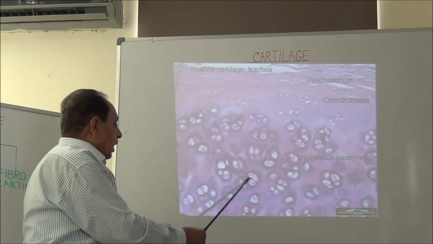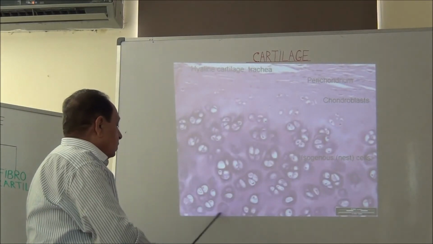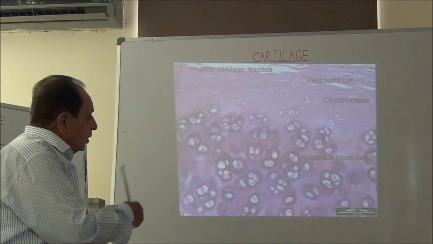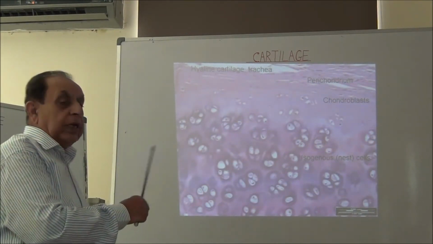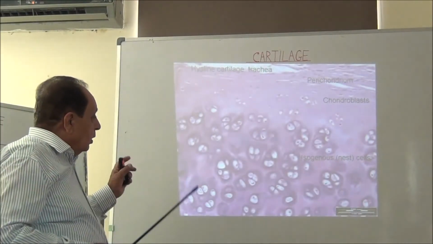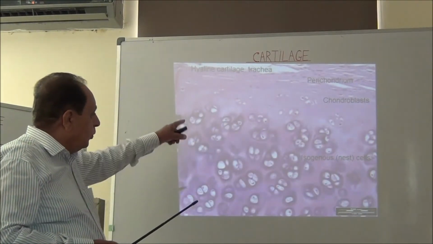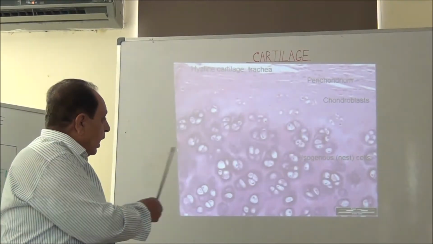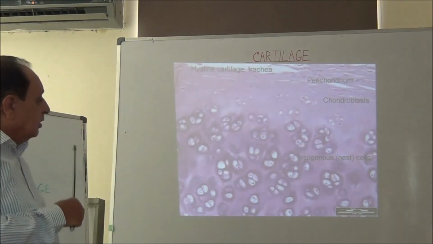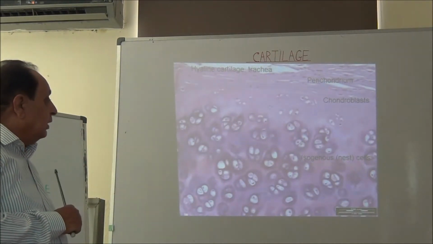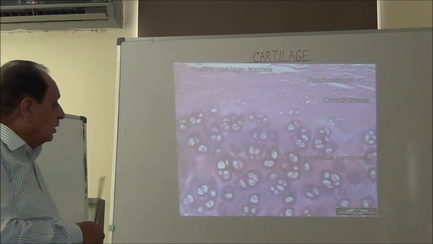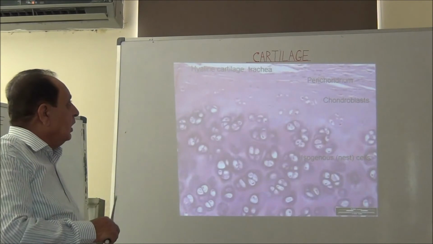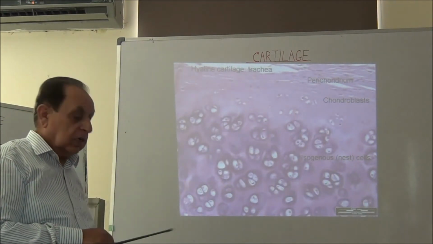If we take a graft and transplant it into the host, it can easily be accepted because the nutrition is provided by diffusion. It is avascular and the graft receives nutrition by diffusion. So in this case the graft can survive. That is about the hyaline cartilage.